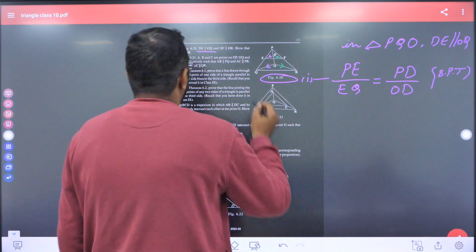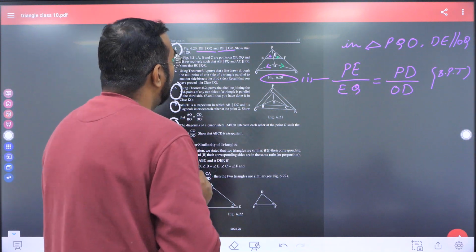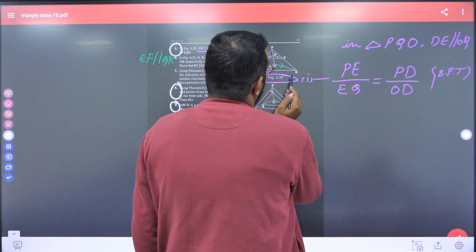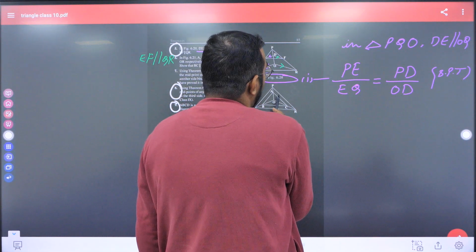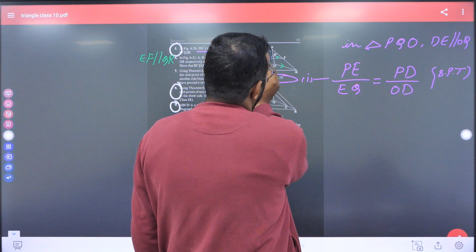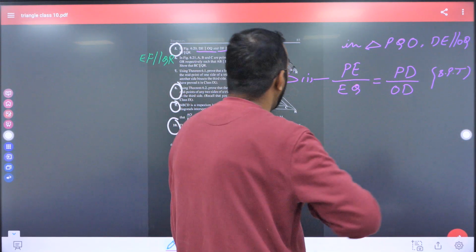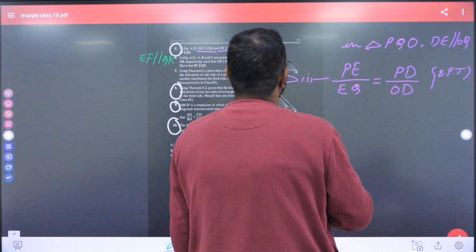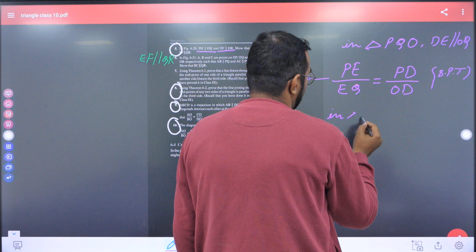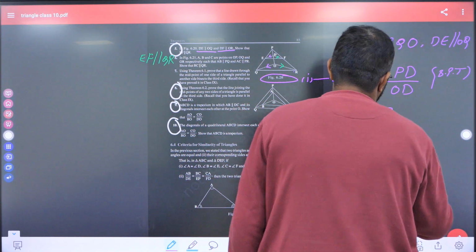Now the other given thing is DF is parallel to OR. So we can apply the BPT theorem if the two lines are parallel, but that must be in a triangle. So here the triangle you can see is POR.